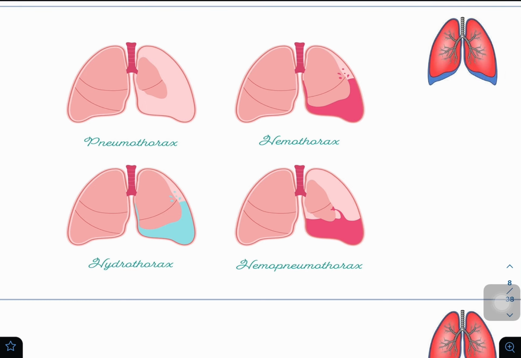Okay, so this is a pneumothorax, that is air inside the pleural space. It could be hemothorax, that's blood, hydrothorax, infection, or hemopneumothorax, blood and air both.